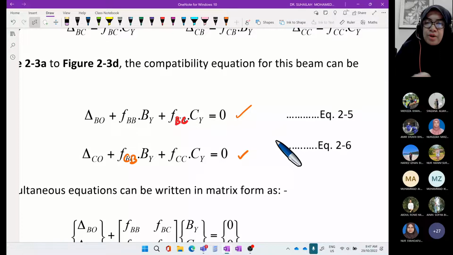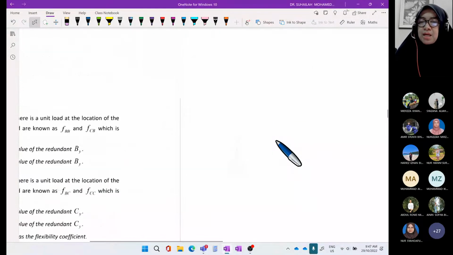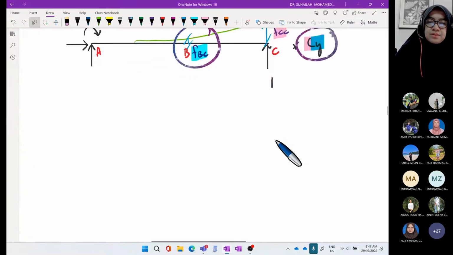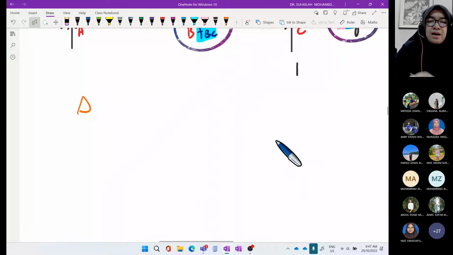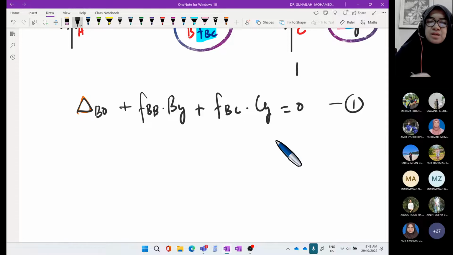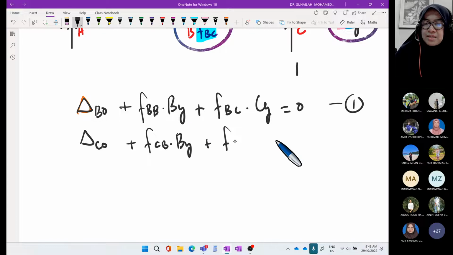Okay, now these two equations, we write them back here. Let's go back to the earlier diagram. So we have delta B naught plus FBB times BY plus FBC times CY equal to 0 as the first equation. And we have delta C naught plus FCB times BY plus FCC times CY equal to 0.